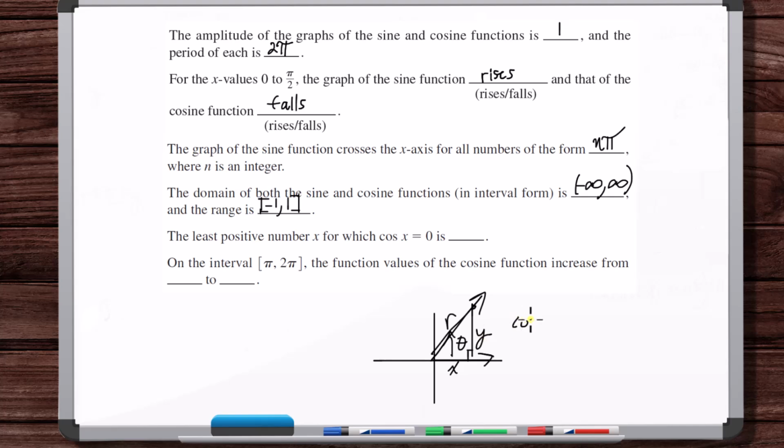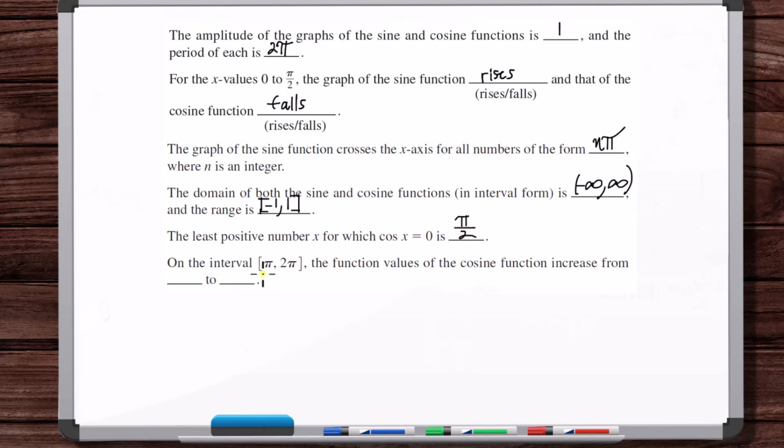Cosine is x divided by r here. So when you get to 90, it's 0, and when you get to 270, it's 0. And then 270 plus 180, and then that plus 180, or you can go in the negative direction, but they're saying the least positive, so it's going to be 90. Or, well, no, it's in radians, it's pi over 2.